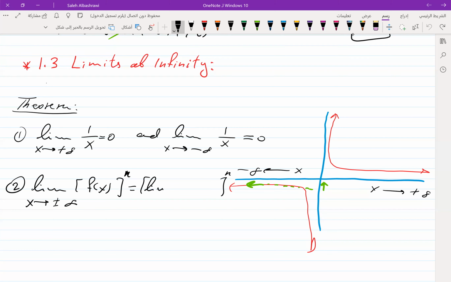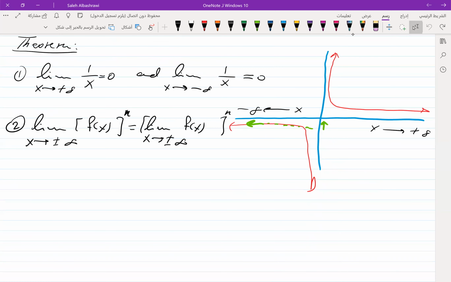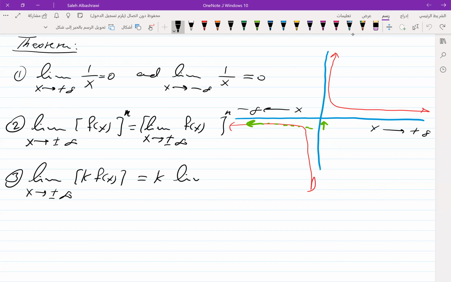The limit of the function, to power n. Third one, limit as x goes to either plus or minus infinity of a function multiplied by a constant. The constant can be taken out and multiplied by the limit of the function.